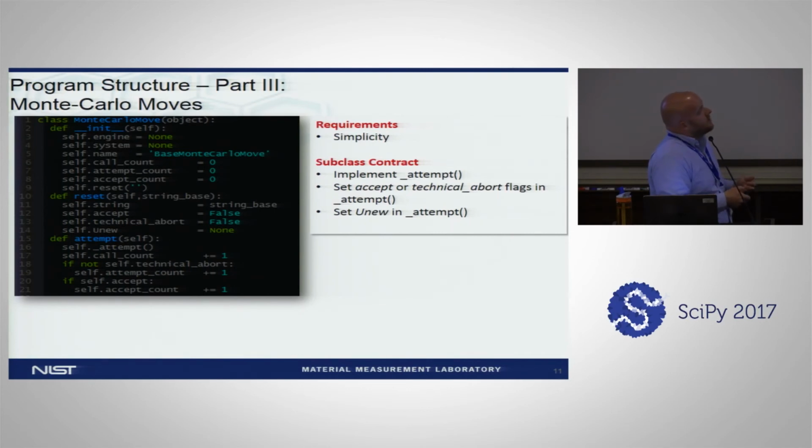This allows us to set up arbitrarily complex Monte Carlo moves within the code base without having to worry about messing with a lot of the other machinery. You just have to write an attempt function which will have access to the system object and can modify that system object in whatever way is needed for that specific Monte Carlo move.